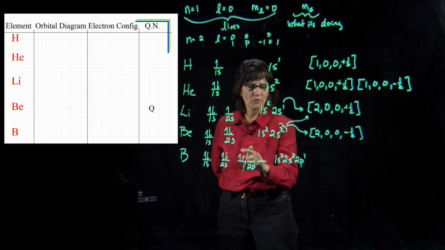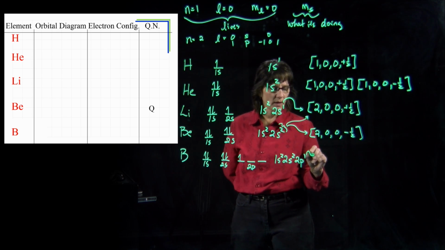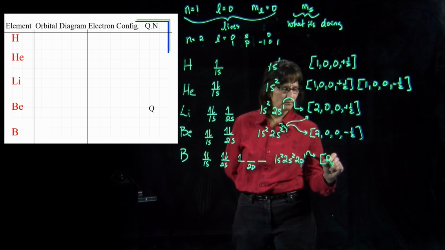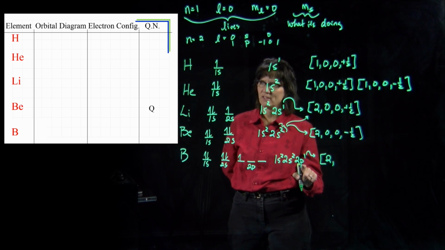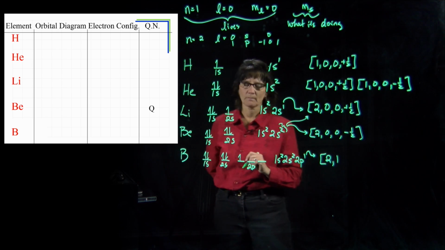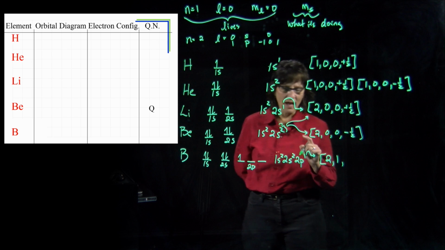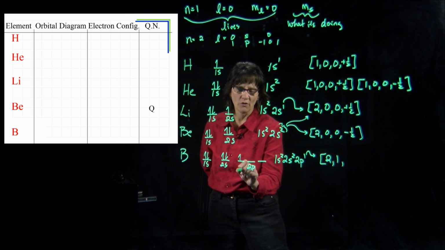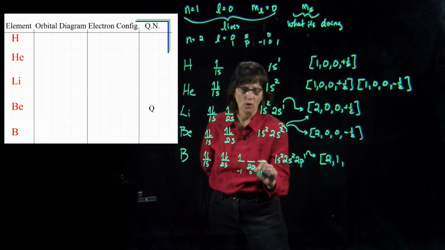Now let's do the quantum numbers for this electron right here, okay? N is 2. L is defined by this value right here. When it's a p, that's an L of 1. Now, the next one I have 3 choices for. Maybe I'll call this one -1, this one 0 and 1.